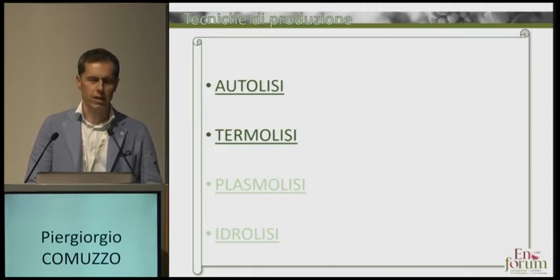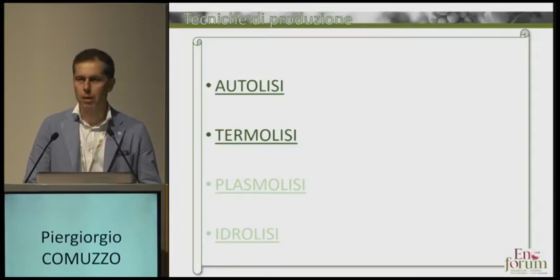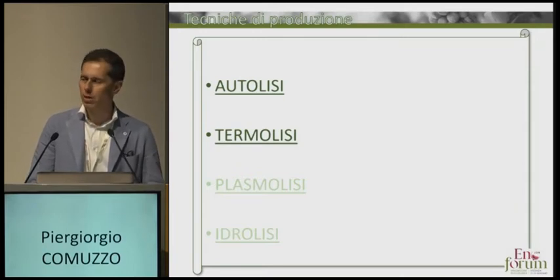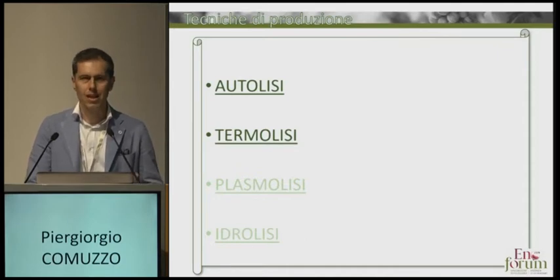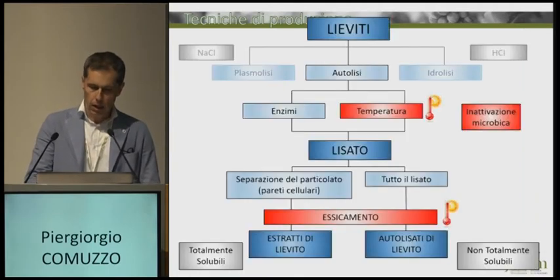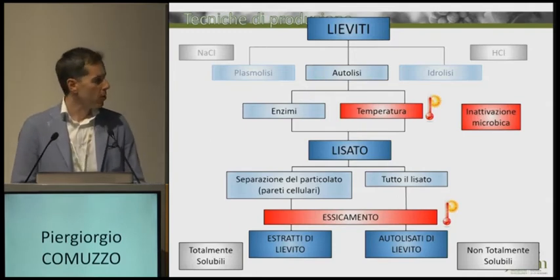For autolysis, you have the activation of endogenous enzymes in order to promote cell lysis, whereas thermolysis is a thermal shock that is used in order to make the yeast inactivated according to parameters set by OIV, which also induces a certain cell lysis. By treating the yeast thermally, you can increase the level of proteins and other substances.